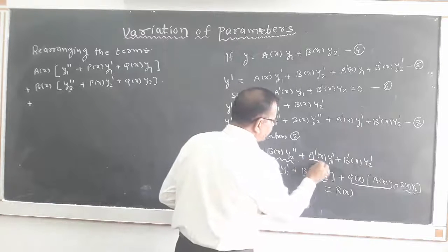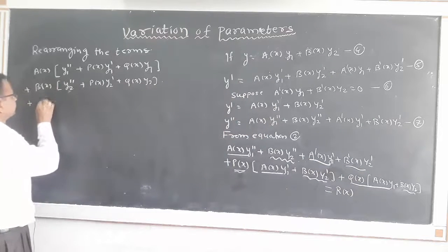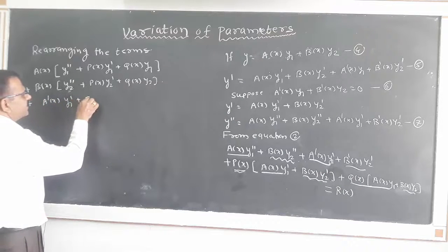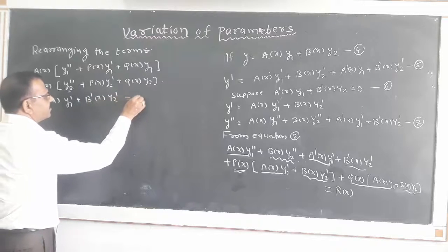The remaining terms are a dash(x) y1 dash plus b dash(x) y2 dash equal to r(x).